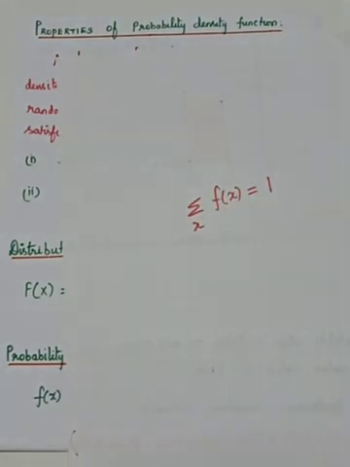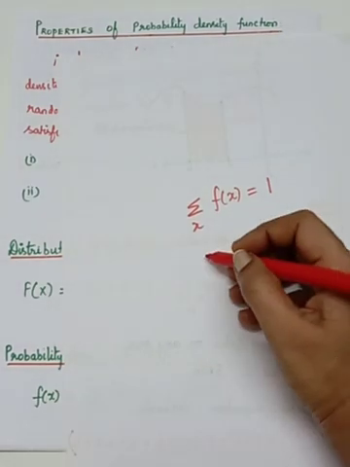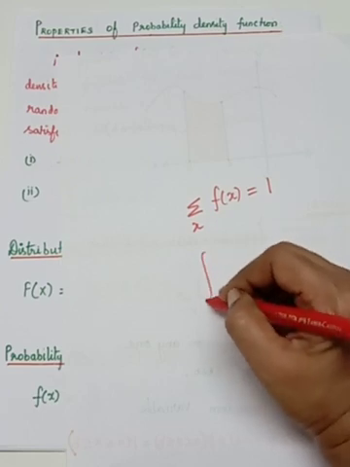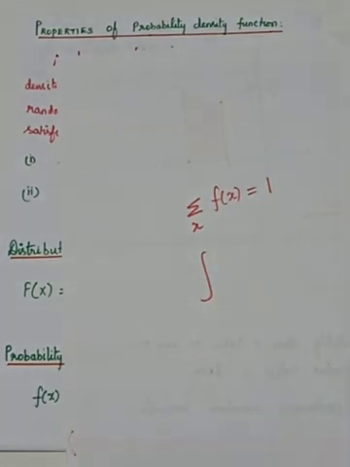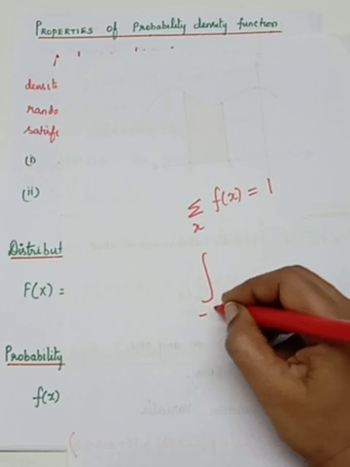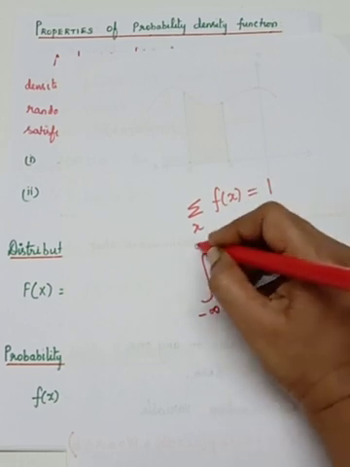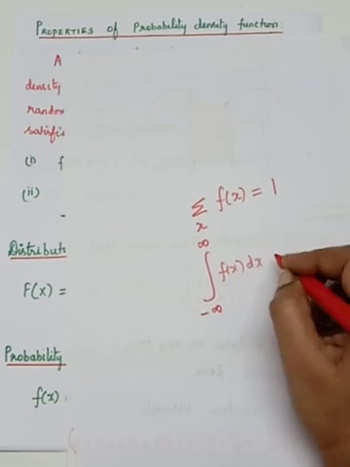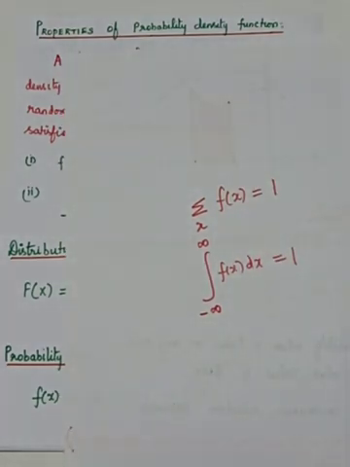But a continuous random variable takes values within an interval, so it has infinitely many values. We can't add all of them, so for that we use the integration symbol. Integral from minus infinity to plus infinity of f of x dx is equal to 1. The same thing, the total probability is 1.